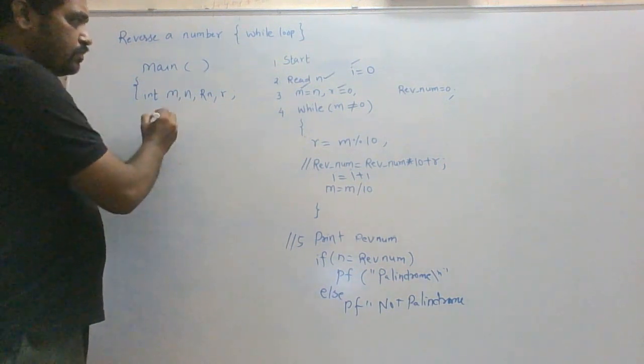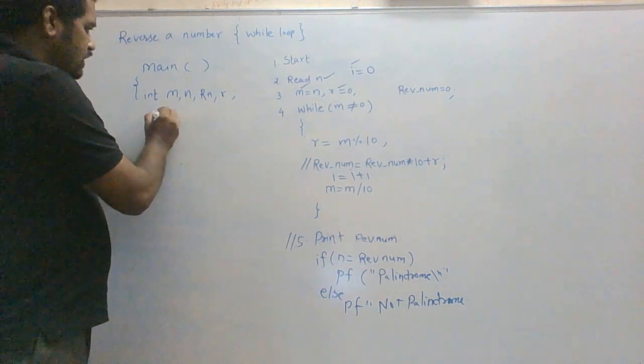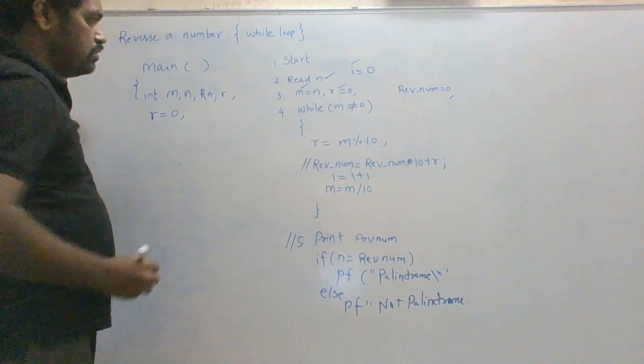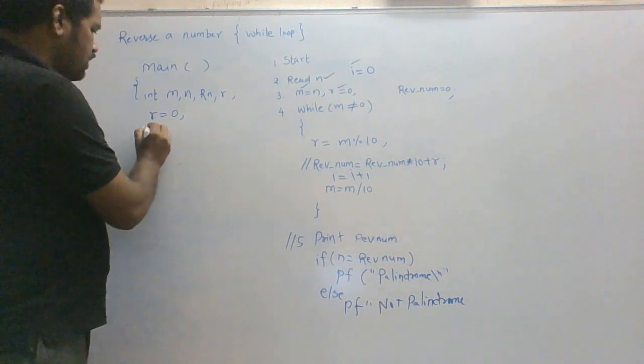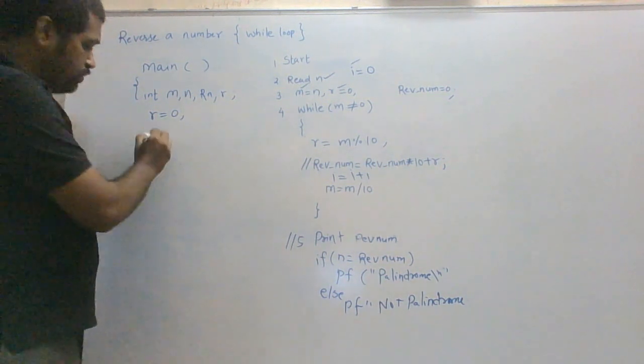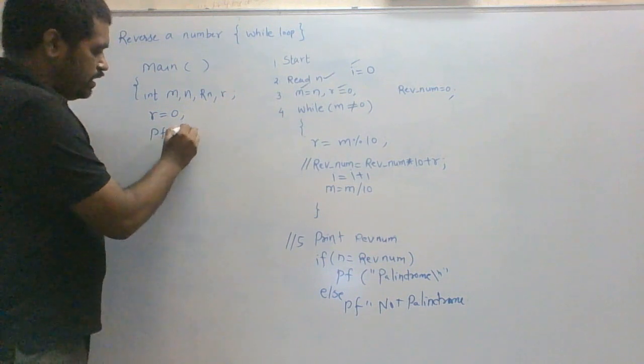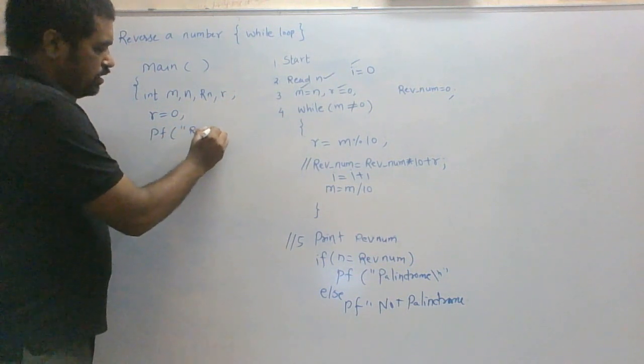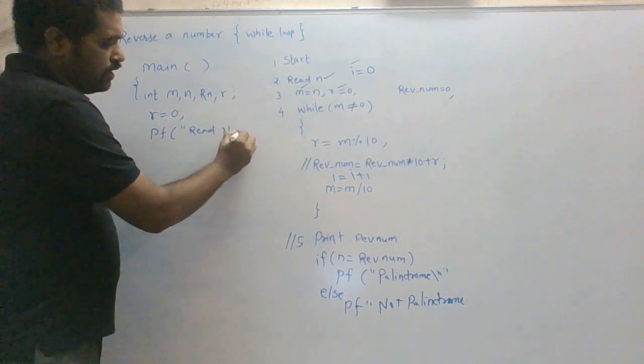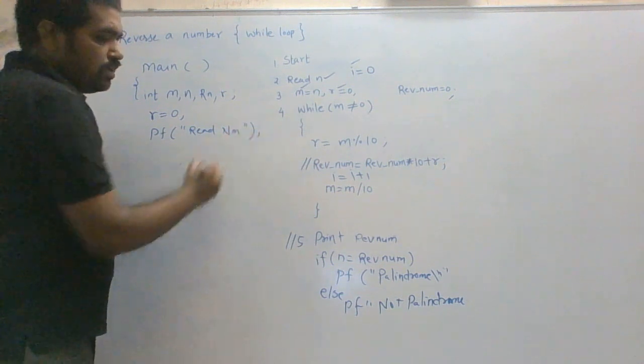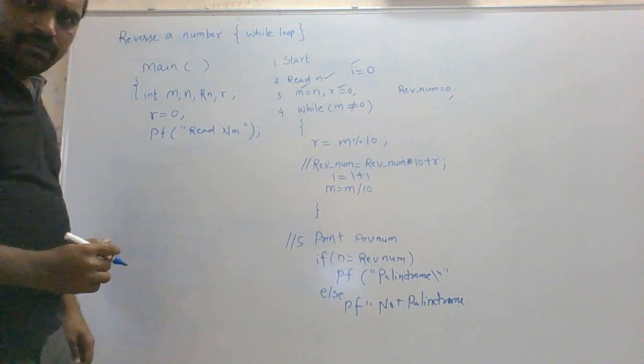So these are all the variables required. Then we have to initialize r is equal to 0. And we will read the value of n. So printf read number.